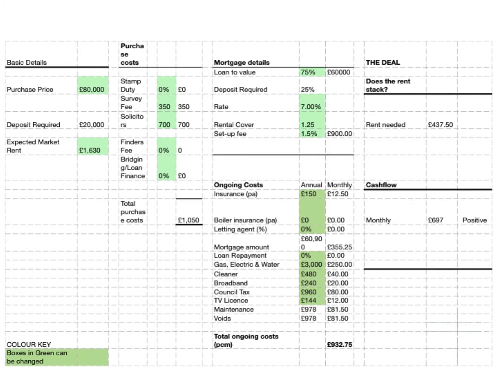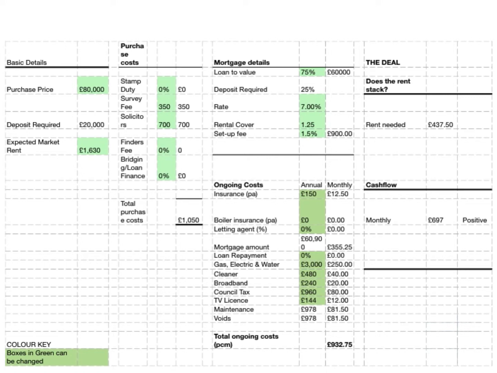If you are using a standard mortgage product, there is an opportunity for you to add that setup fee to the mortgage normally. And that can vary. It varies depending on the product. So speak to your mortgage broker. I've put in this example 1.5% of the overall borrowing. So that works out around about £900 in this case, because we're borrowing £60,000. So those are the costs that you need to consider when you are doing the purchase.